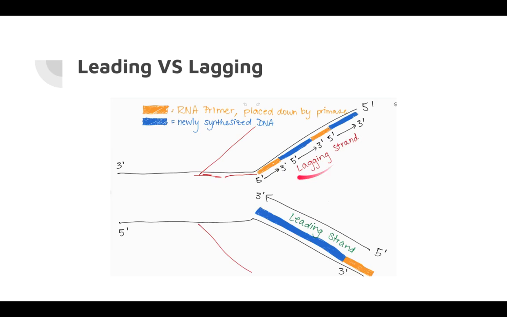We need fragments of DNA to be synthesized over and over with multiple primers. Now, these fragments are known as Okazaki fragments. They're named after the scientists who discovered them. So just to recap, we have our fork. This is the leading strand because it's continuously synthesized. This is the lagging strand because it's synthesized in fragments.